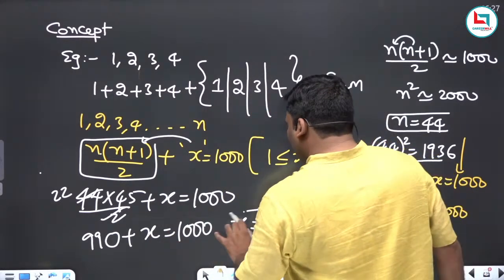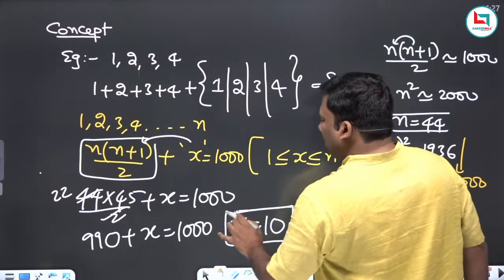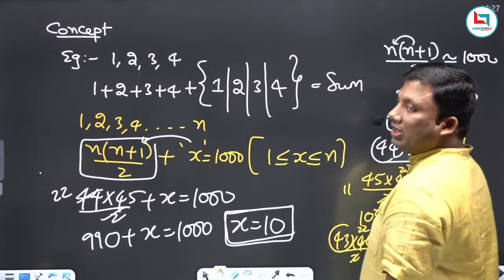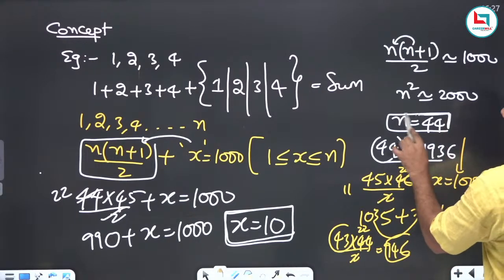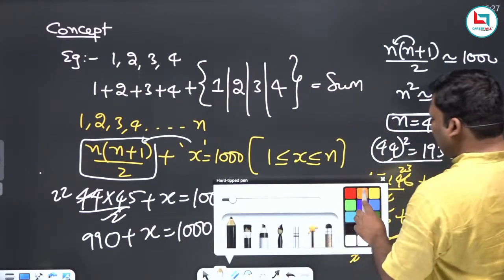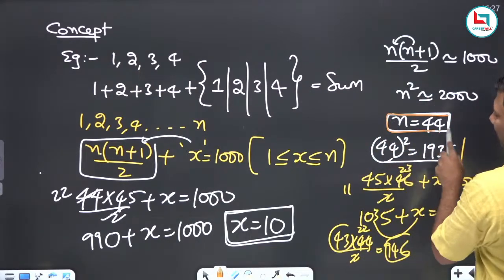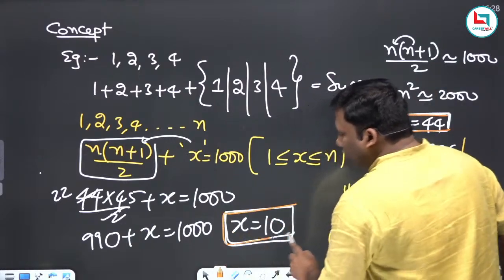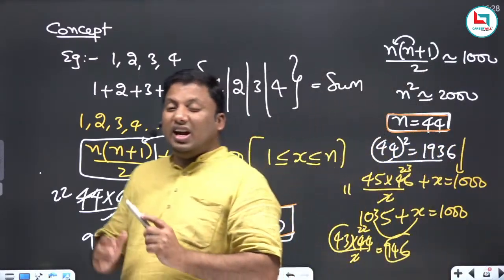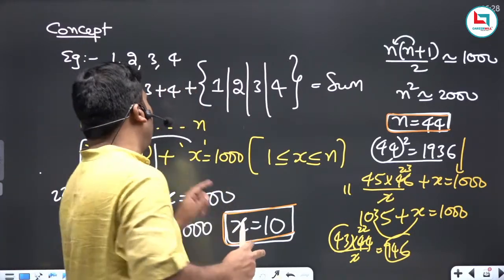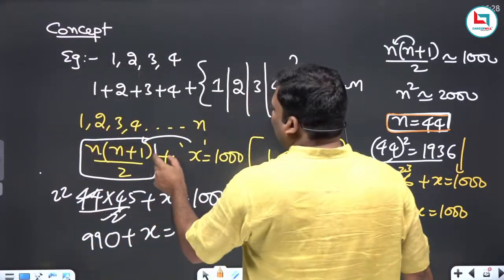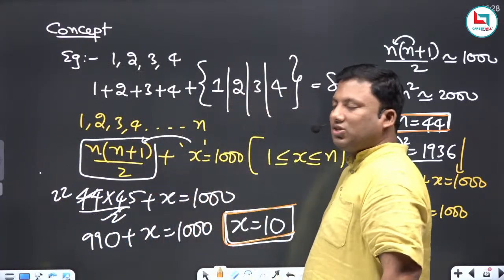The number which got added twice is 10. How many numbers are there on the board? 44. Very, very good question. No mathematics formulas needed, absolute common sense. There are two things a student should know. x is a very small value compared to n into n plus 1 by 2.